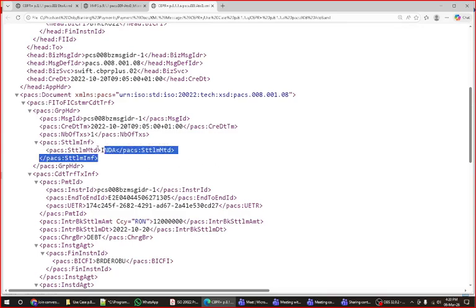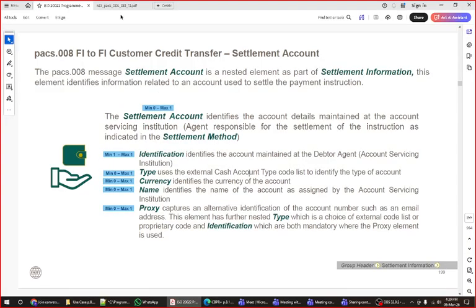That's why we have only settlement method inside settlement information. Let's see from the specification point of view how it looks. It's not mentioned here as well, as this is an optional field.